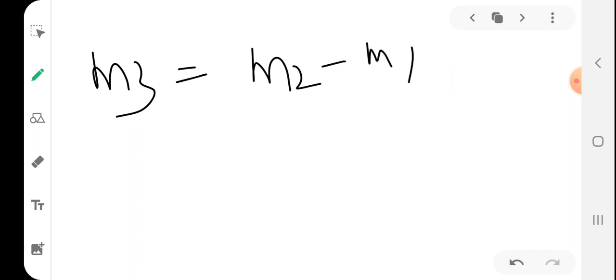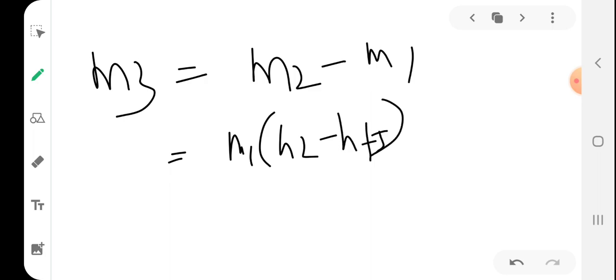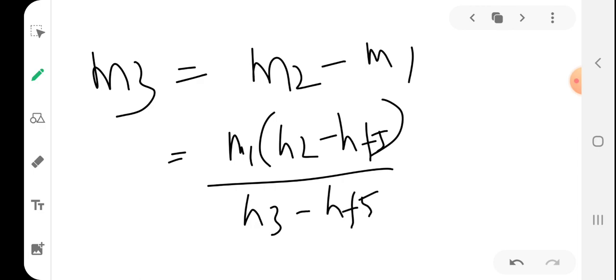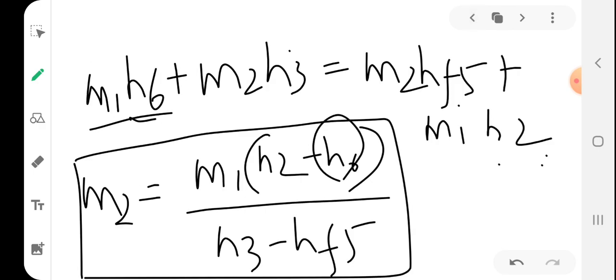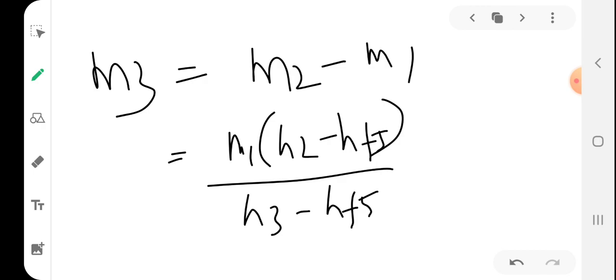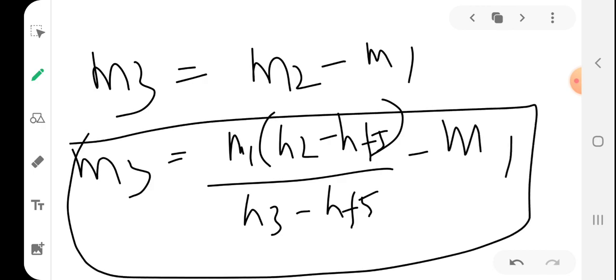So m3 equals m1 into (h2 minus hf5) by (h3 minus hf5), minus m1. Here instead of h6 you can write hf5, because hf5 and h6 have the same value, as 5 to 6 is an isenthalpic process.